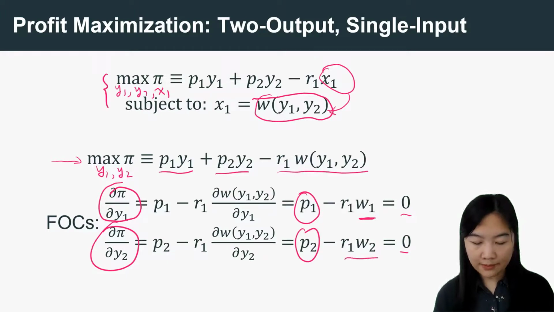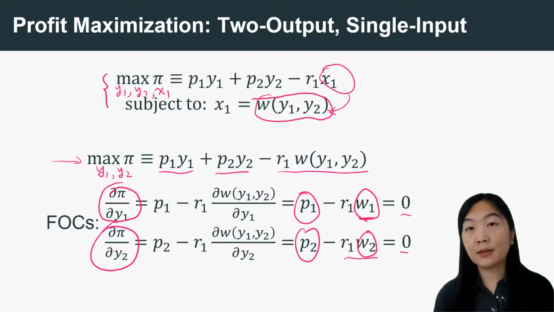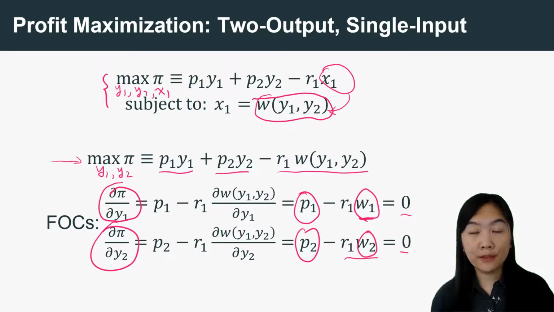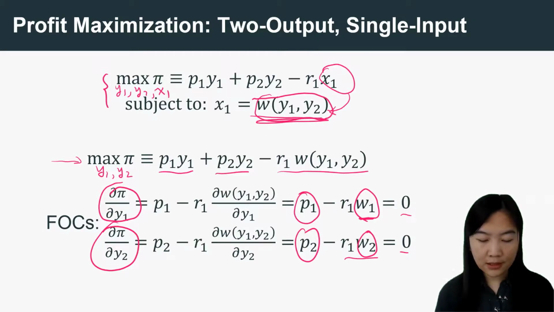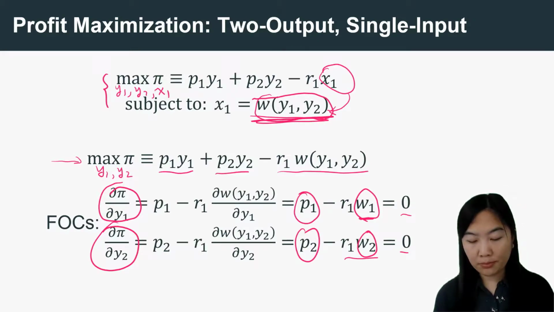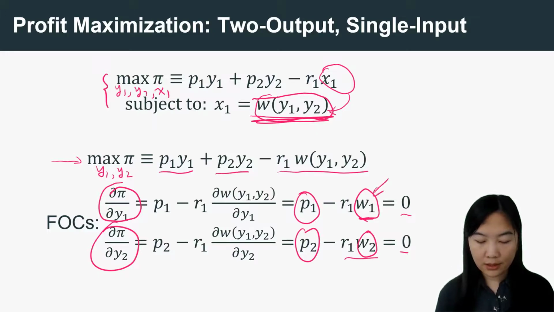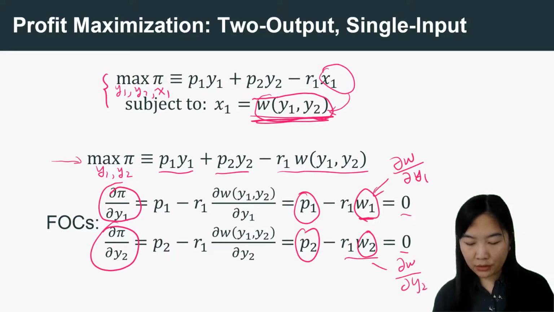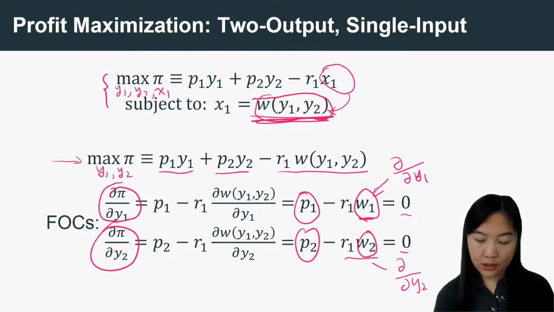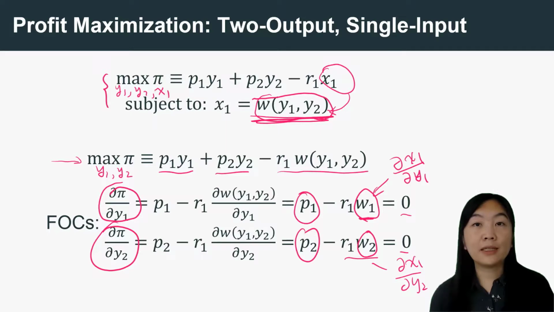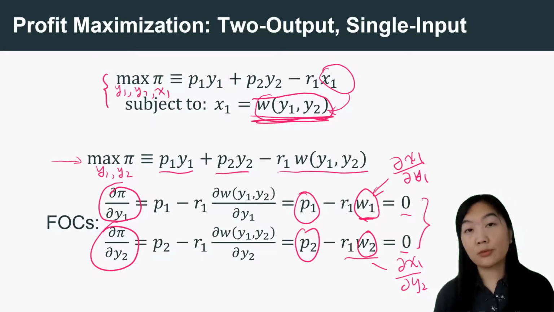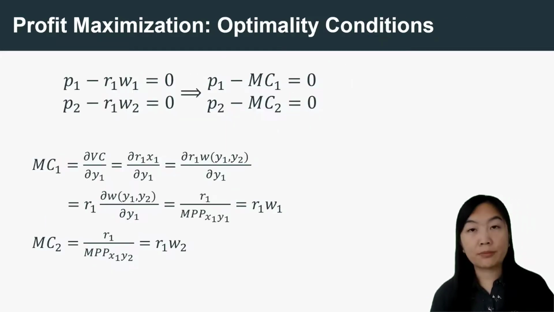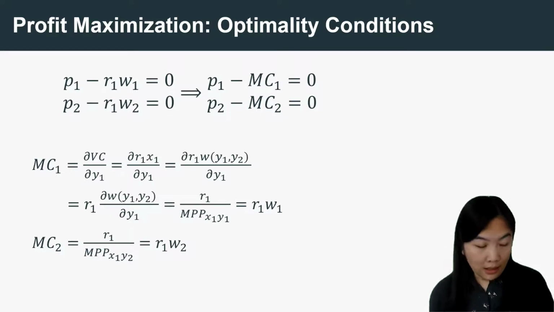For the second term, w1 and w2 mean the partial derivative of this product transformation function with respect to y1, and here with respect to y2, or you can write this x as your x1 here. So that's the optimality condition. Those two conditions will help you solve for your profit maximizing points.